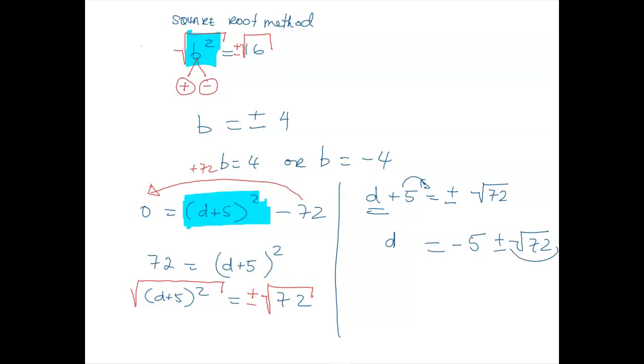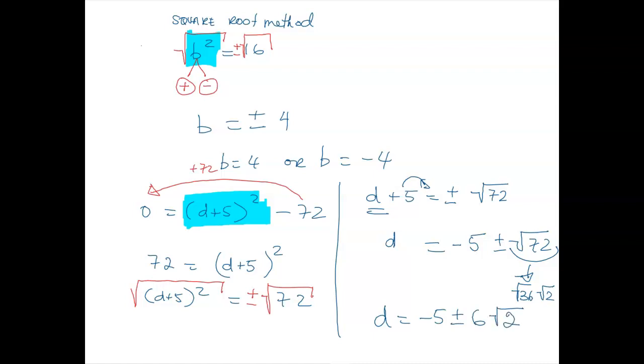But you do have to simplify the square root of 72. 72 is not a perfect square, so you need to break it down as the square root of 36, I'm sorry, times the square root of 2, right? And so that's 6, and the square root of 2 stays the same. So d is equal to negative 5 plus or minus 6, for the square root of 36, and the square root of 2 remains under the radical.